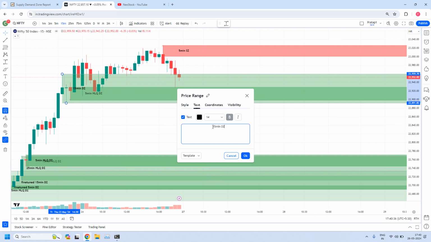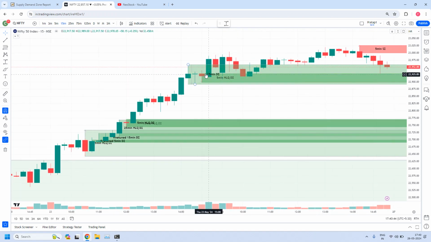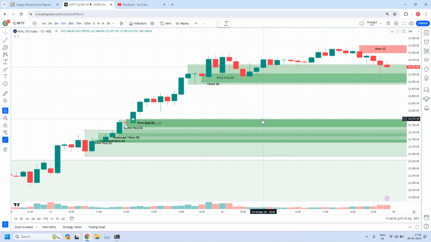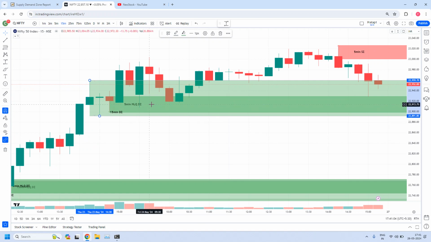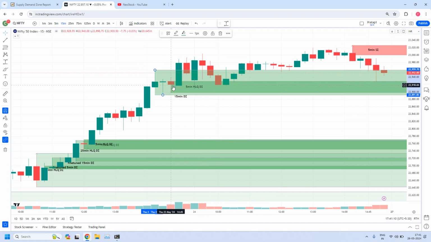This is a normal demand zone. Remember, if this 15 minutes demand zone is violated, the trend will be changed. That means this 5 minutes high liquidity zone is very, very critical.